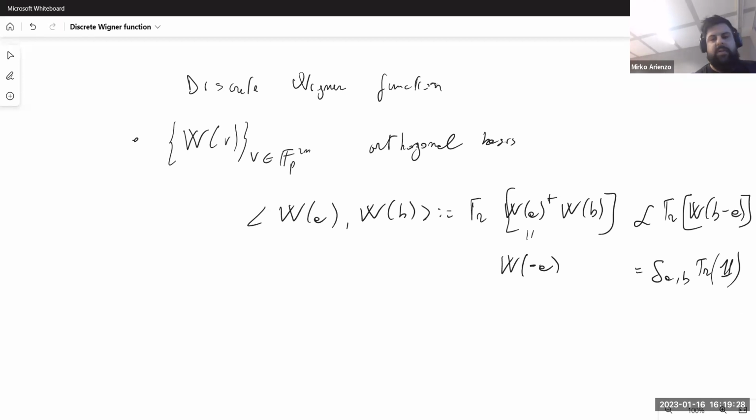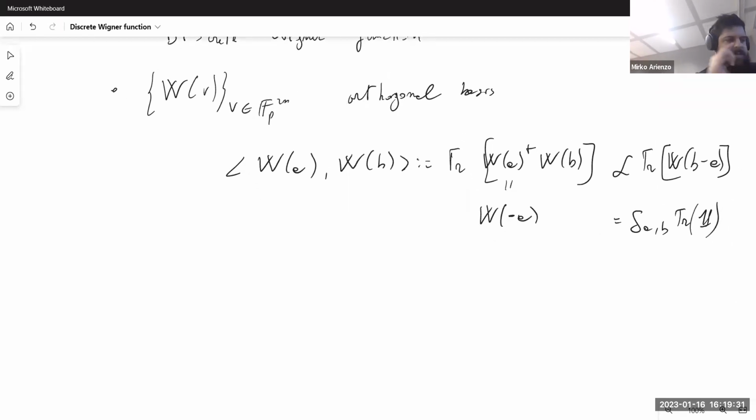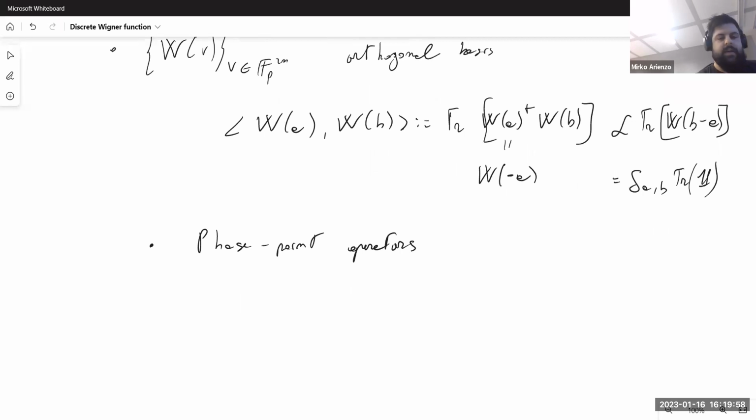However, it's a little bit simpler to define a Wigner function with respect to another basis. Namely, we just rotate things and we introduce the phase point operators, which can be seen as an operator associated to every point in the phase space. To introduce them, we consider the character of the base field in the usual way.